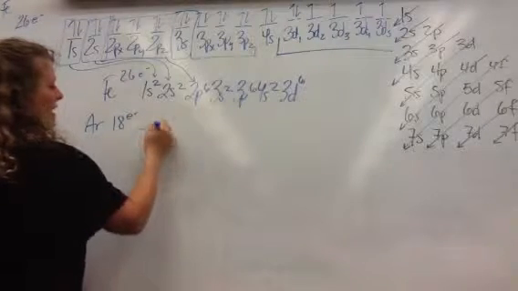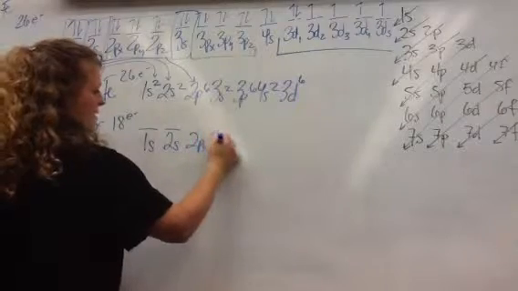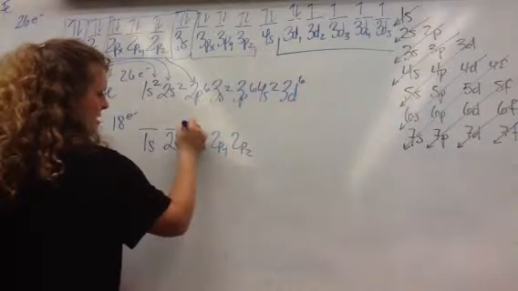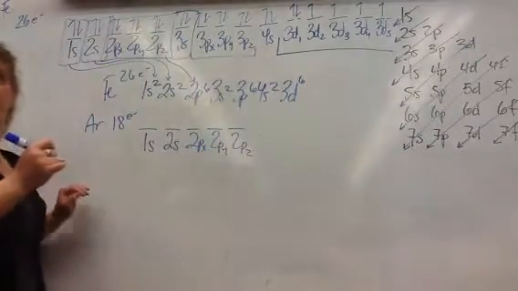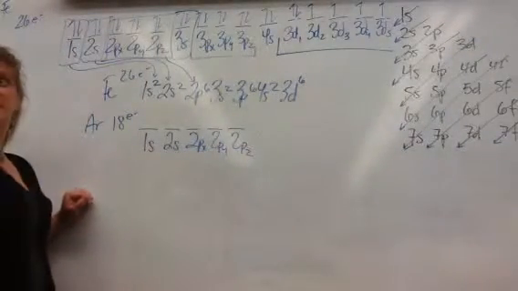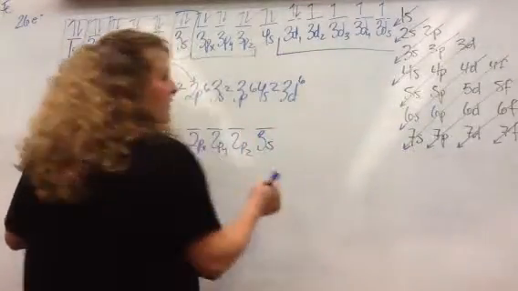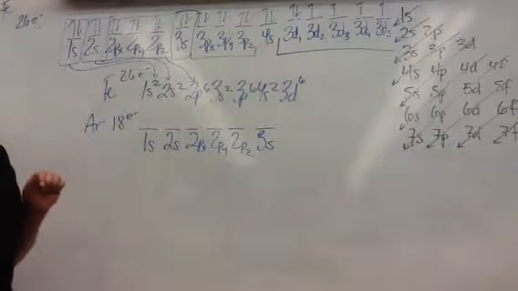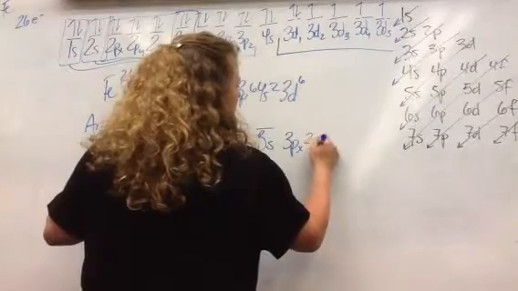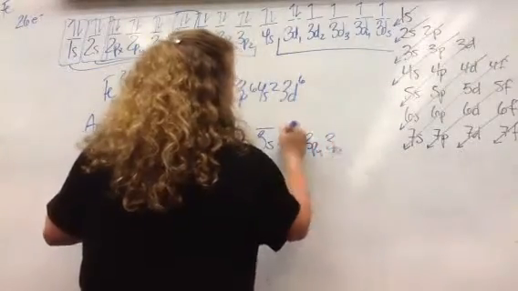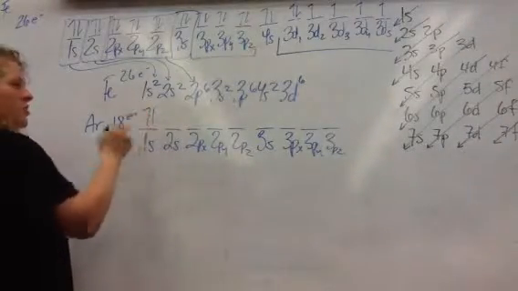So we have the 1s orbital, 2s, 2px, 2py, 2pz. What fills after 2p? 3s. What fills after 3s? 3p. Okay. It's a good start. So 1, 2.